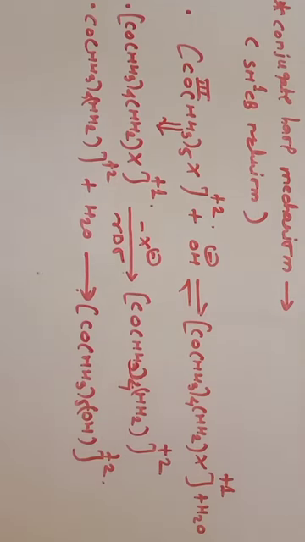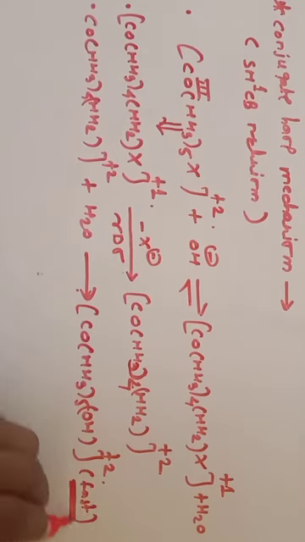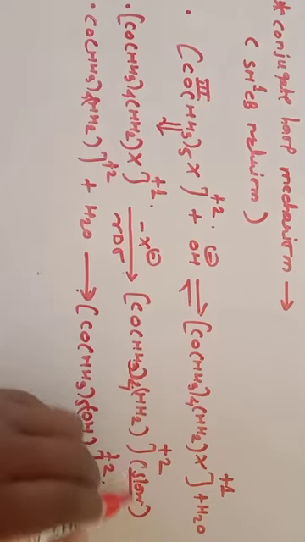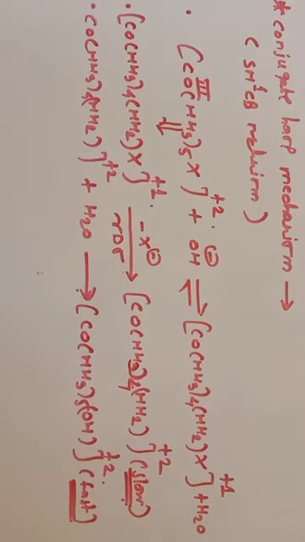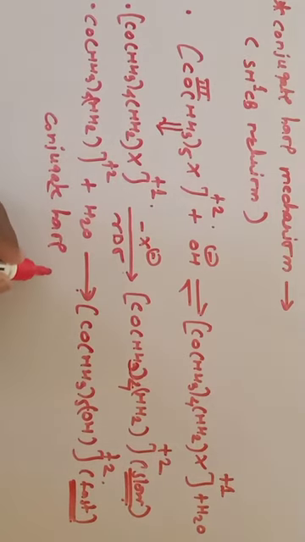And this reaction, the reaction with water, is the fast step. This is your slow step, and this is your rate determining step. And therefore this conjugate base mechanism follows first order kinetics.